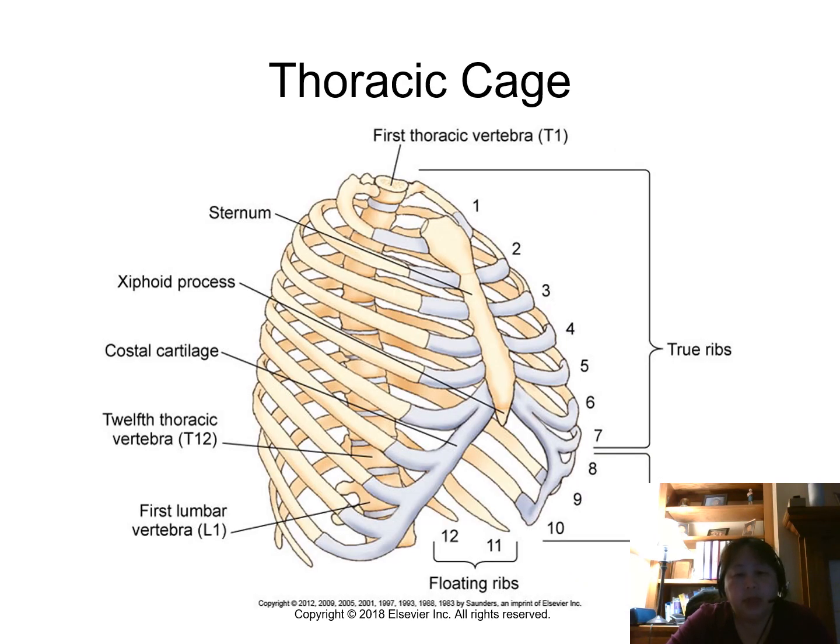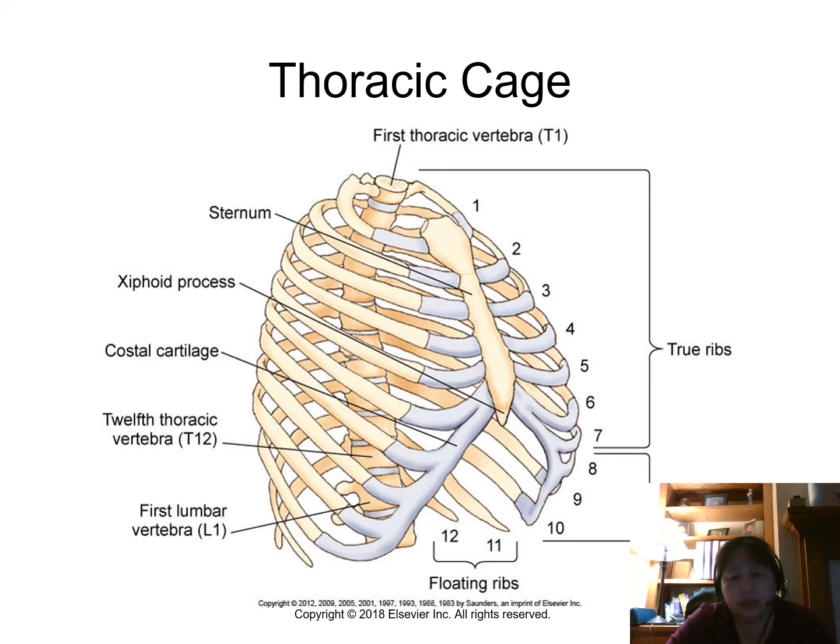And then when we look at the thoracic cage, they have also numbers labeled, and it helps to be more specific when there are injuries. When you're looking at ribs, you can be very specific on which rib is injured here.